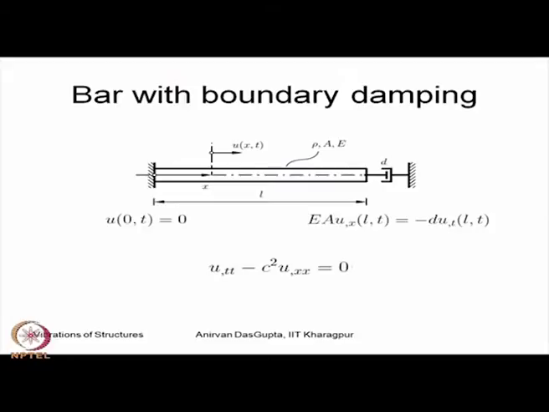This is a system that we have discussed before, in which a fixed bar has its free end connected to a damper which is fixed to the support. Now, we have this equation of motion and the boundary conditions as shown.